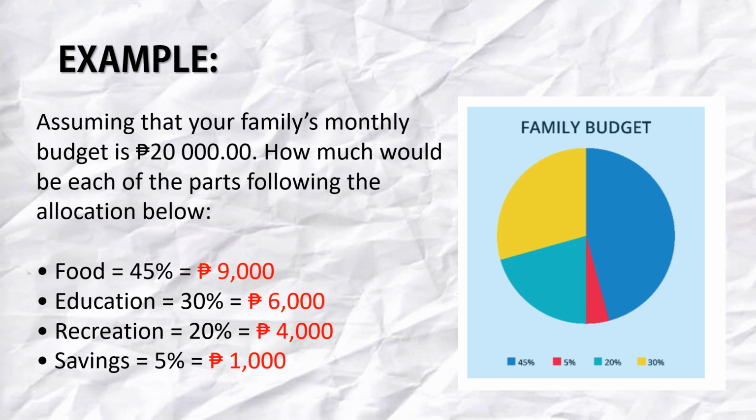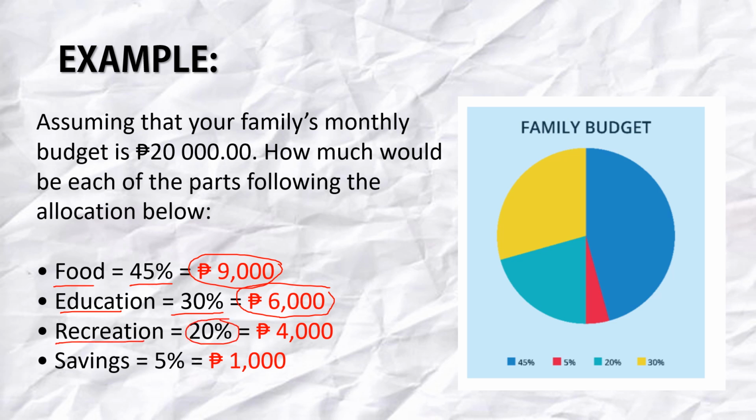So therefore, after computing everything from the given formula, we now have food, which is 45%. The amount allocated is 9,000 pesos. For education, that is 30% of 20,000. The allocated amount is 6,000 pesos. For recreation, the percent is 20%.